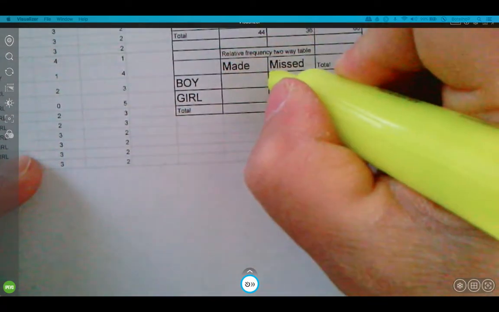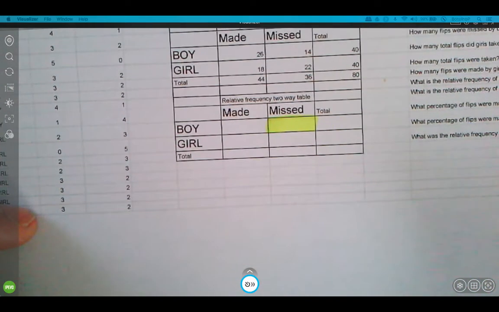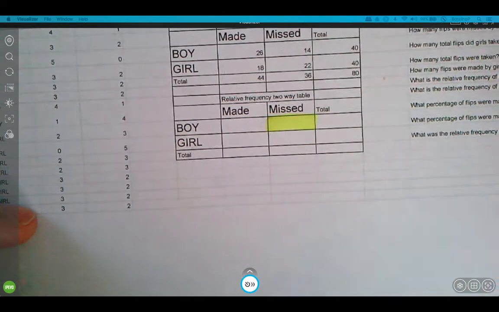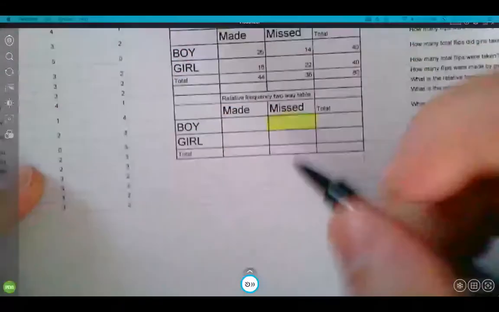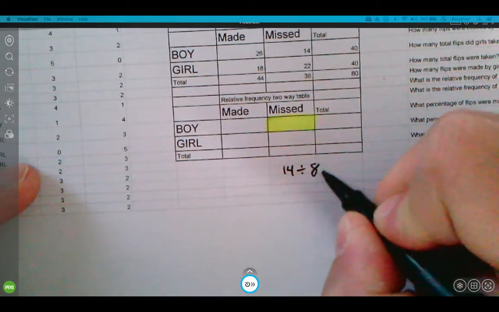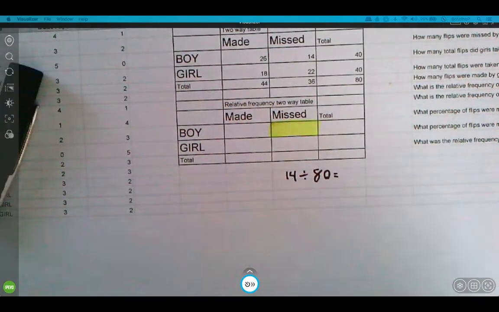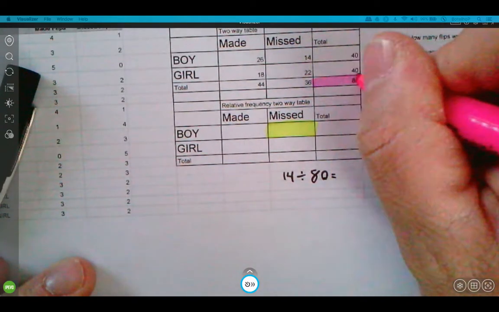So for today's lesson, you're going to fill out the relative frequency table. Let me just do one for you, so I know you're not confused. If you wanted to get this number right here, what do you think you would divide? Hopefully you're thinking 14 divided by 80, because these relative frequency tables are all compared to dividing by this 80.